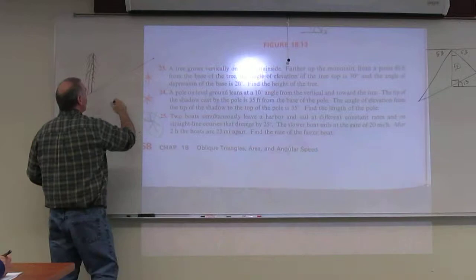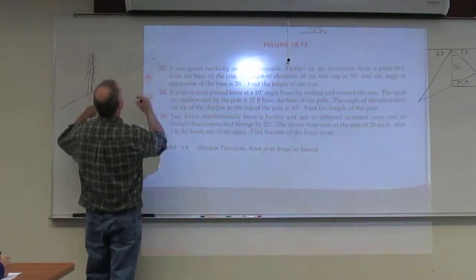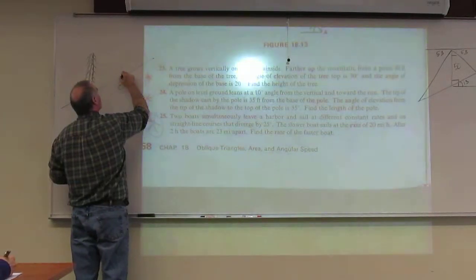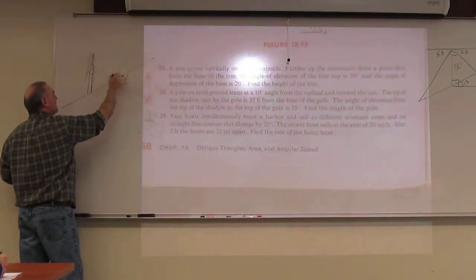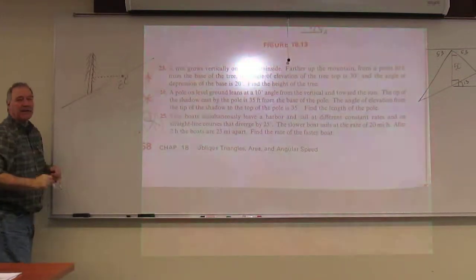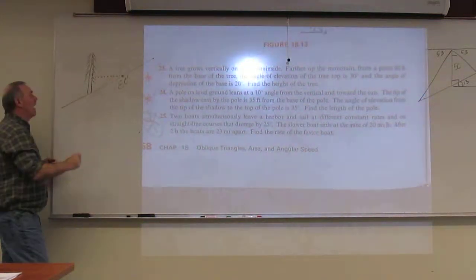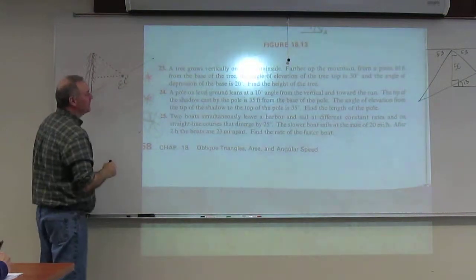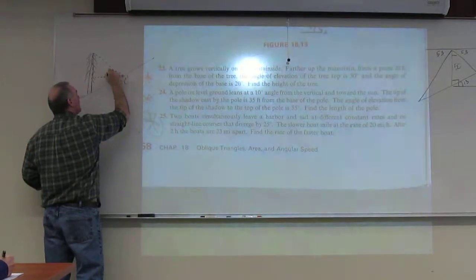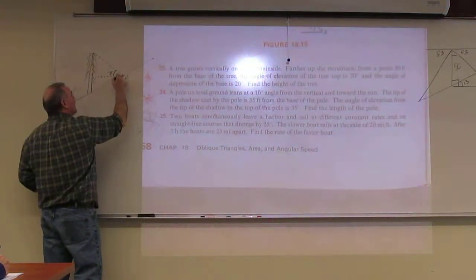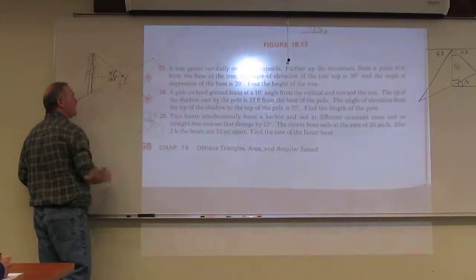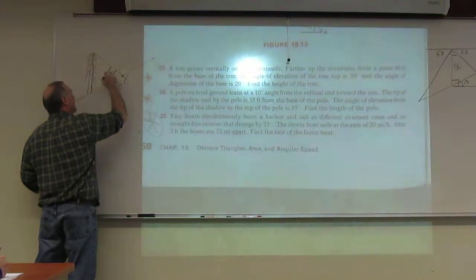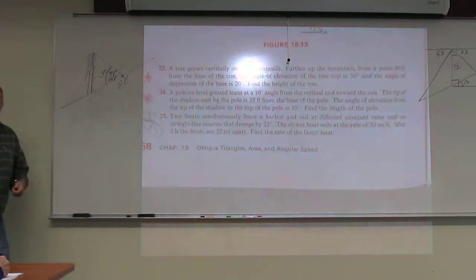We're going to hike up the hill 80 feet to some point about here. Now, that's a horizontal line there. I know that the angle to the top of the tree, or the angle of elevation, is equal to 30 degrees. Angle of depression is 20 degrees. The whole angle is 50.